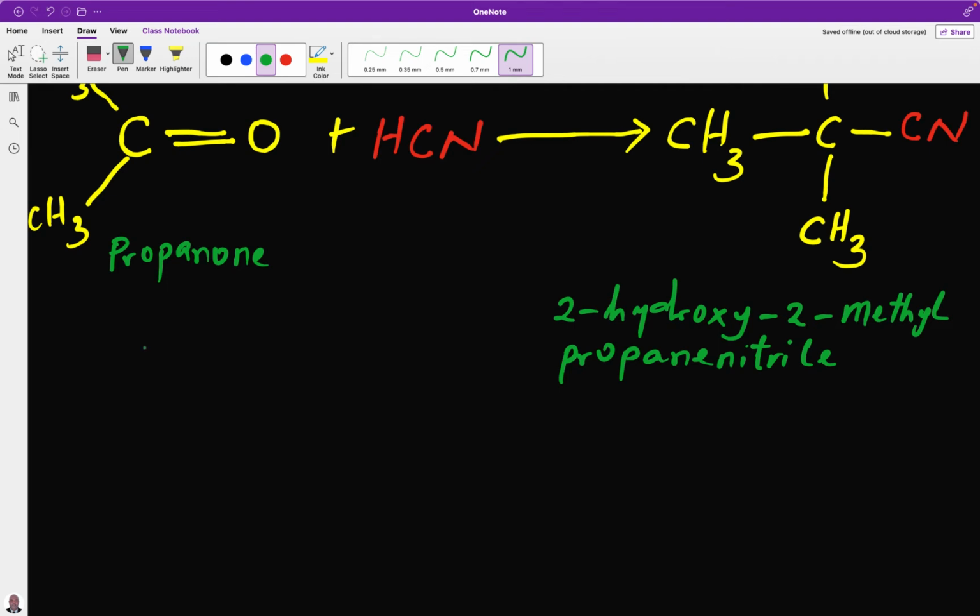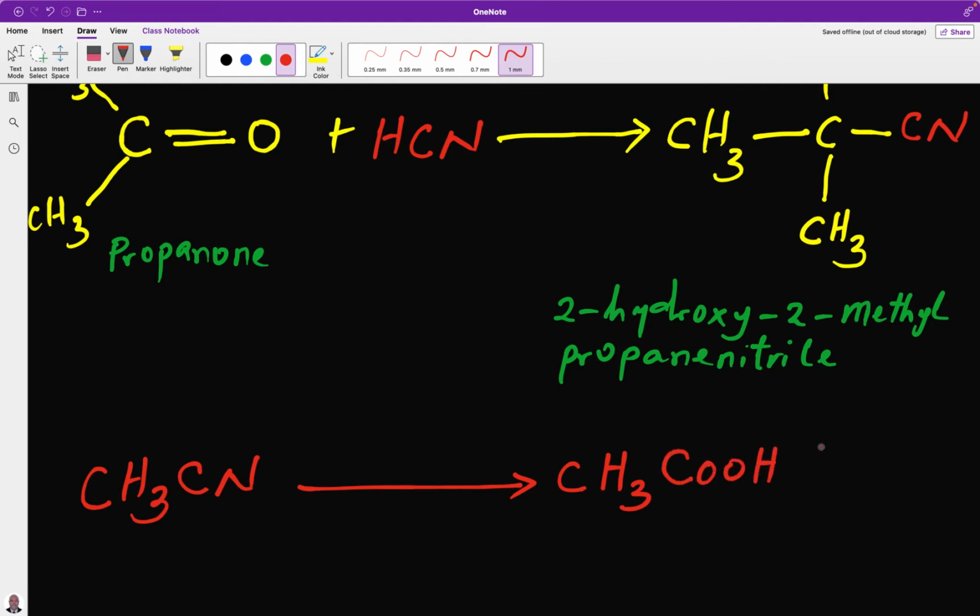If a nitrile is heated, for example, this one is ethane nitrile, CH3CN, we will have CH3COOH and NH4, sorry.